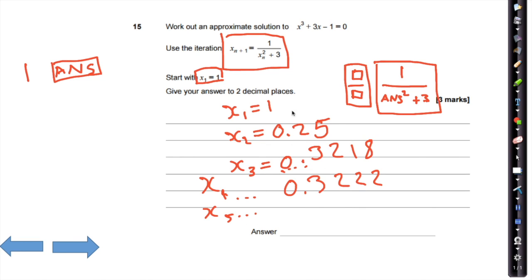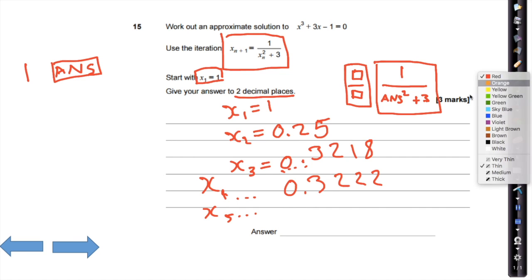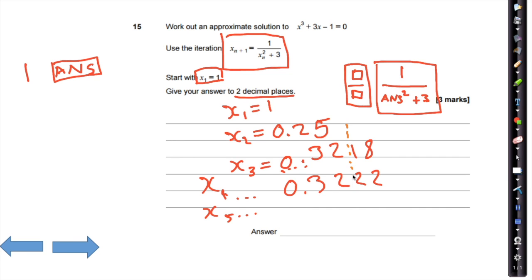Eventually you'll see that, to 2 decimal places, if we were to round these numbers, they would actually be 0.32. This is 0.3218, this is 0.322. Both of these numbers, if you rounded them to 2 decimal places, would be 0.32.